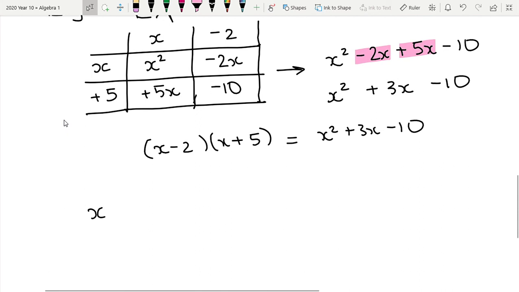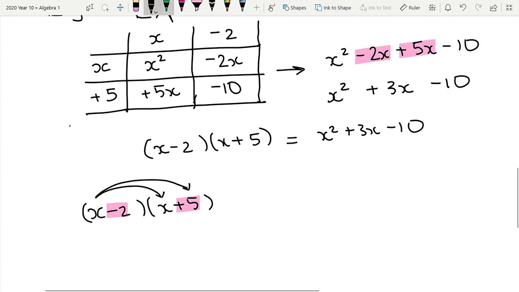Let's use the same example and see how we can use the double rainbow technique. Minus 2 plus 5. The minus still belongs to 2 and the plus still belongs to 5. There's no argument about it. So double rainbow for the first one, and then double rainbow for the second one.